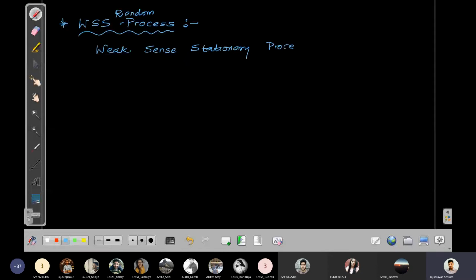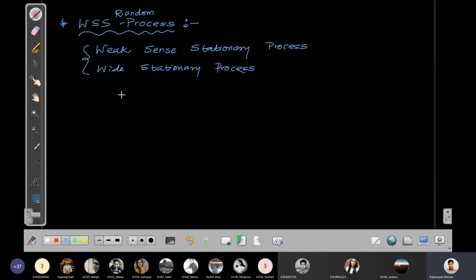process. Some people call it wide sense stationary process. Weak sense means what? It is a rather less restricted condition than the strict sense stationary process.